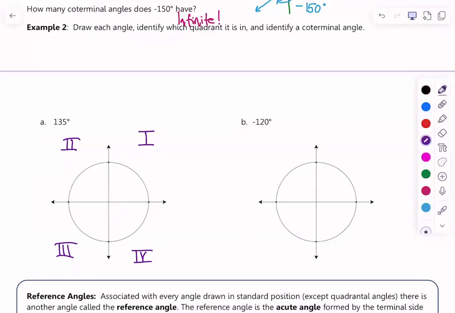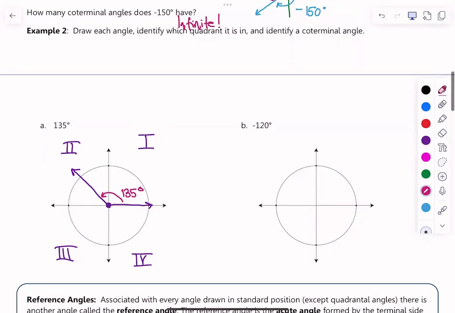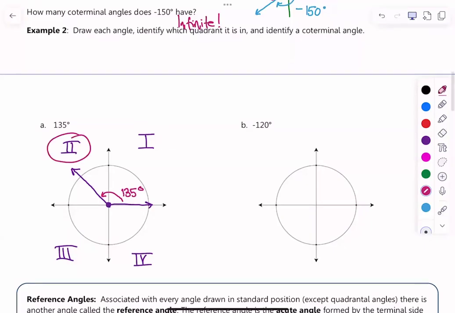Again, standard position, so the vertex is on the origin and the initial side on the positive x-axis. It looks like it's going to go right in the middle here. Once again, please show us the direction, and if you actually know the angle, it's great if you put it there. So this tells me it'd be in quadrant 2.